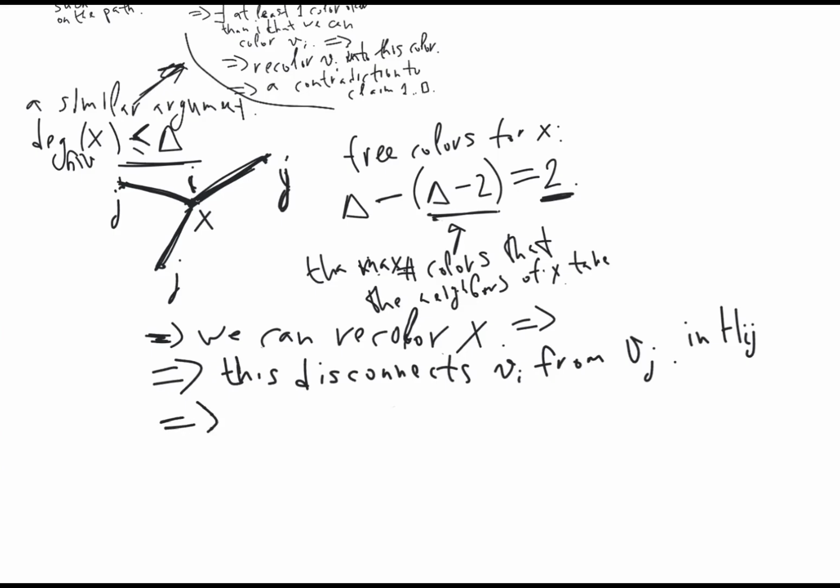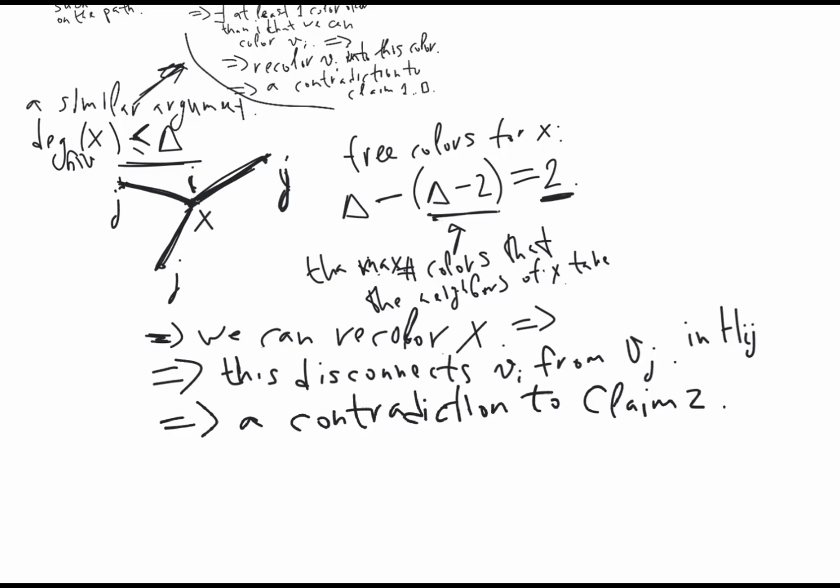So this is a contradiction to claim 2. Because the claims, all the claims, apply to any coloring of the vertices.